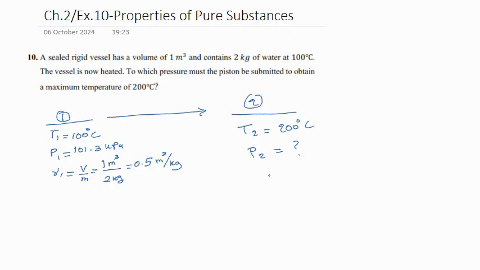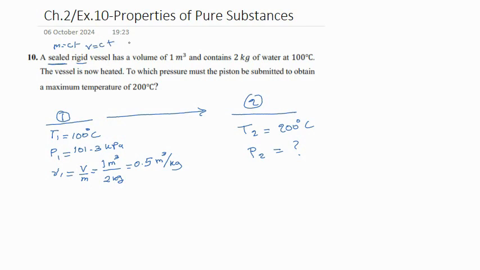However, the question is clearly saying that the vessel is sealed, which means it's a constant mass, no mass coming in, no mass leaving the system, and also it's rigid, so the volume is constant as well.